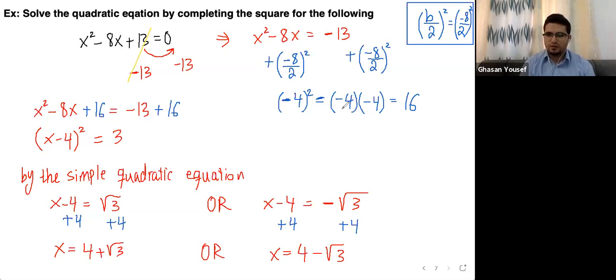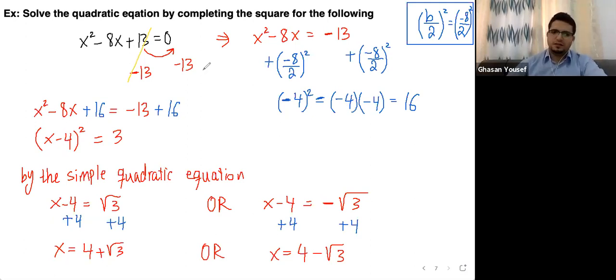First of all, we have to move all numbers to one side and the variables to the other side. Then you add to both sides b over 2 squared, where b is the second term, the coefficient of x.